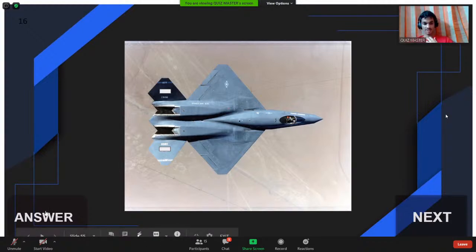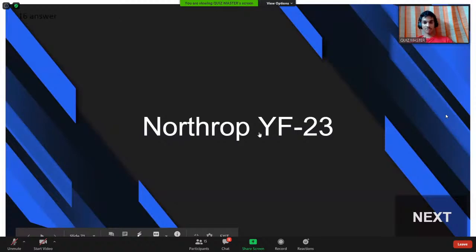So the answer is the Northrop YF-23. When the F-22 Raptor that we all know was getting developed, there was a competition between two companies, Northrop and Lockheed Martin. Northrop made the YF-23, Lockheed made the YF-22, and the YF-22 became the F-22 Raptor.